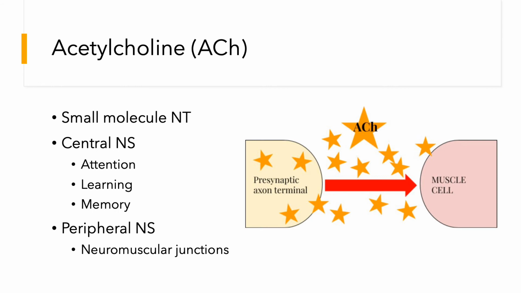However, acetylcholine is more commonly recognized for its importance in neuromuscular junctions. Neuromuscular junctions are the points where the nervous system connects to your body's muscles to make sure they contract and extend at appropriate times. Acetylcholine is the neurotransmitter released by neurons that then project onto muscle cells. In other words, without acetylcholine being released, you wouldn't be able to move your arms or legs.